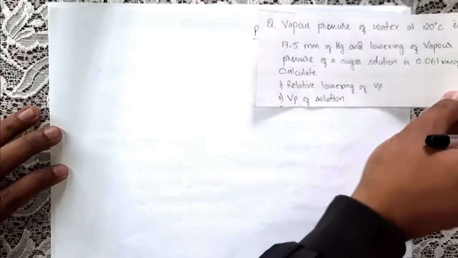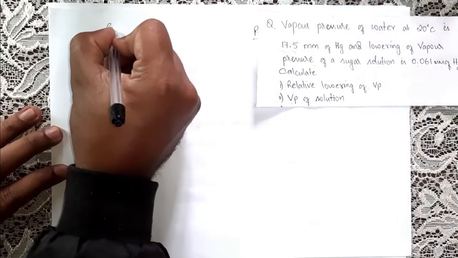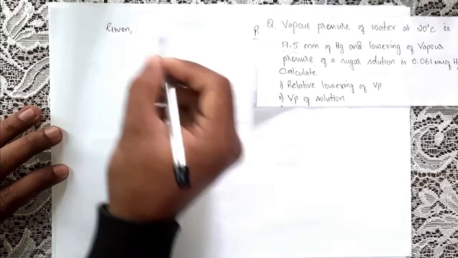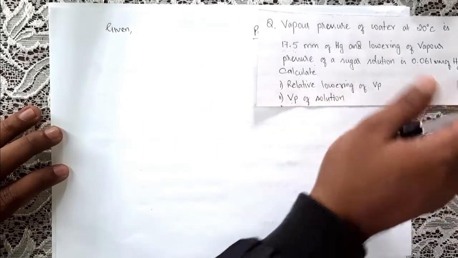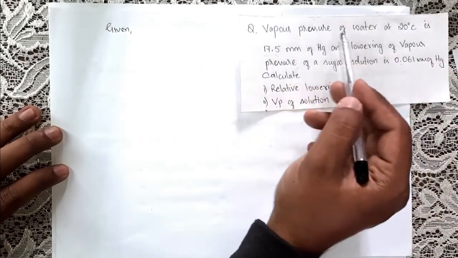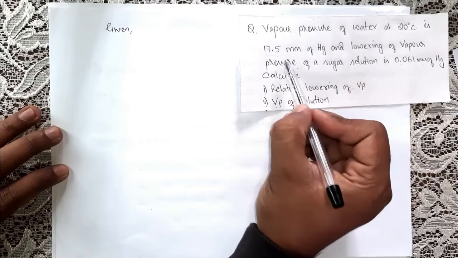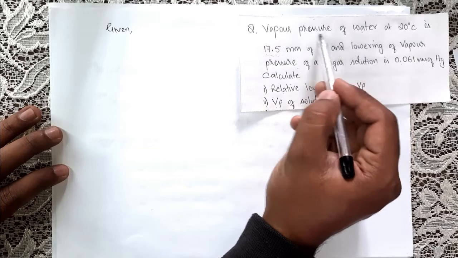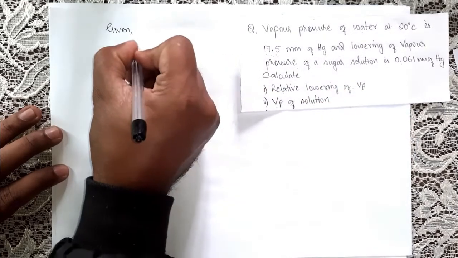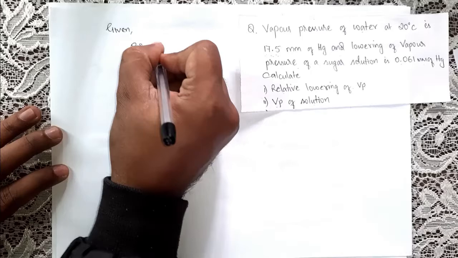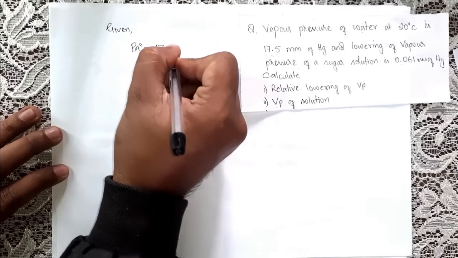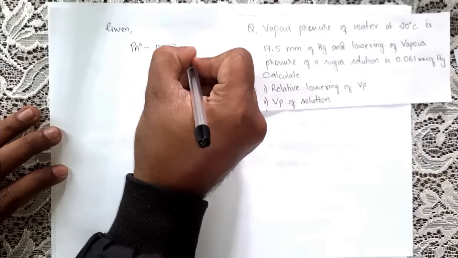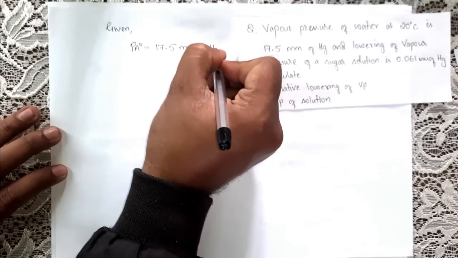So we will write down the given. The vapor pressure of water at 20 degrees Celsius is 17.5. Since water is a solvent, the vapor pressure of a solvent is PA naught, which is 17.5 mm of Hg.